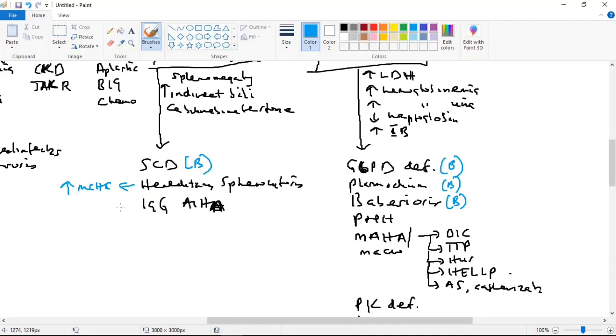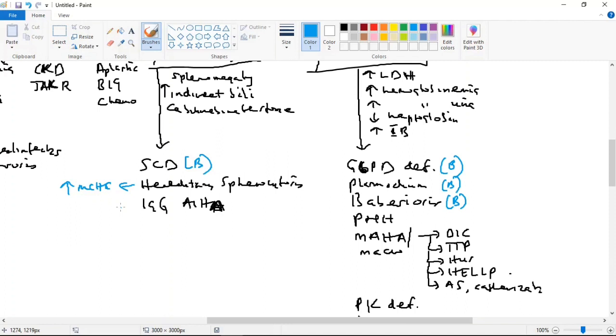Of course, they're asking you what will be curative in this patient. It's definitely going to be splenectomy, right? Splenectomy is going to be curative in this patient. It removes the spleen and decreases hemolysis of red blood cells, because spherocytes, just like sickled red blood cells, get trapped in the spleen.